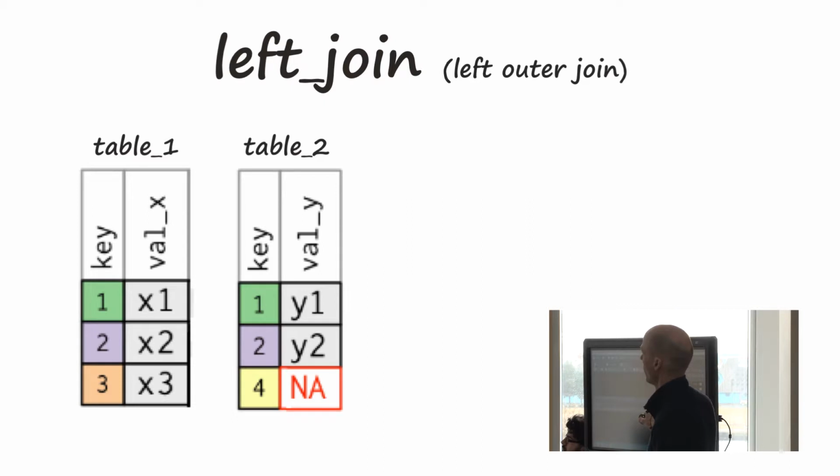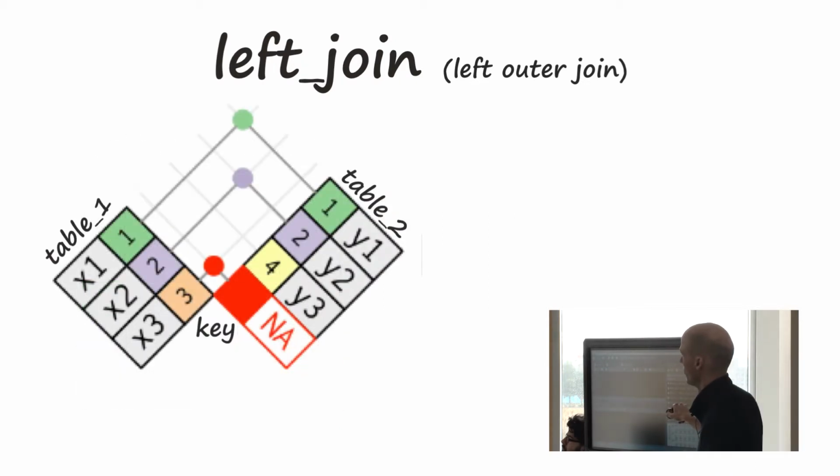We've got 1, 2, and 4 in our key column. And this is our Y observation. So we want to join on the key column and ultimately get a data frame where we have the key, the appropriate X value and the appropriate Y value for that key value.